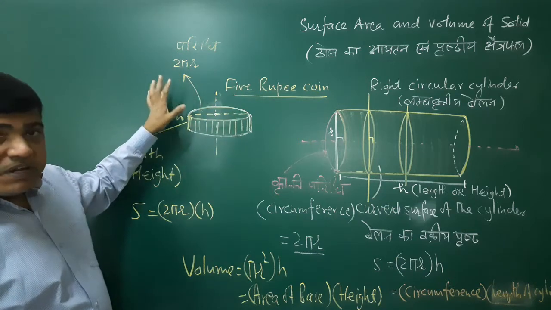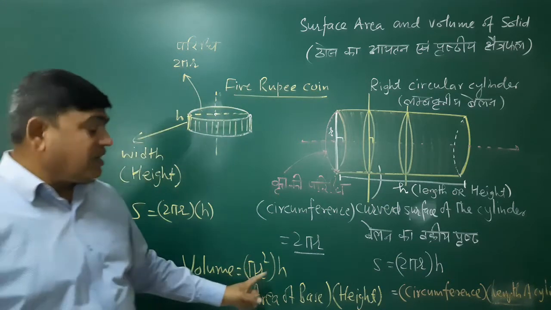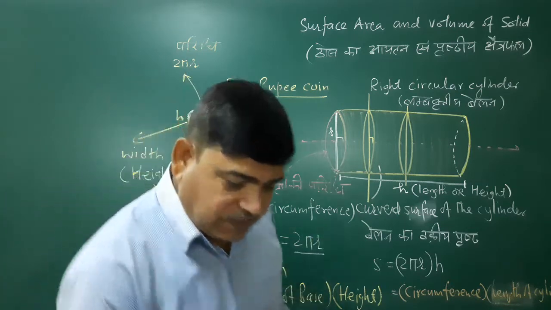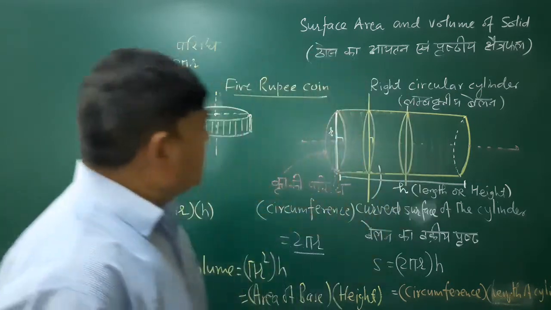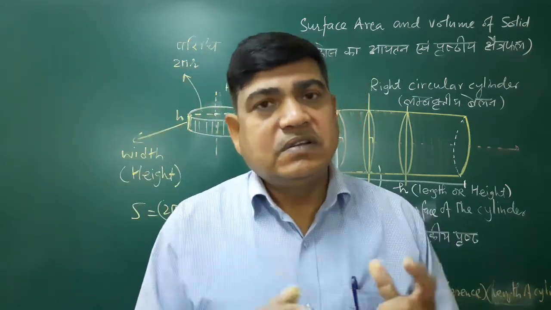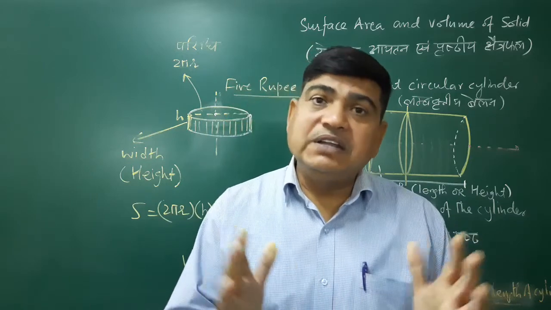Circumference is 2 pi r, volume is given by pi r square h, area of base into height.